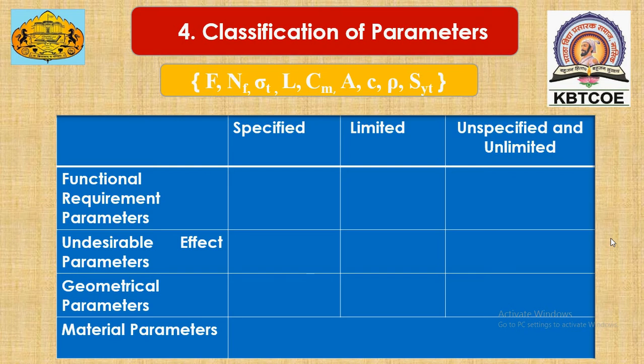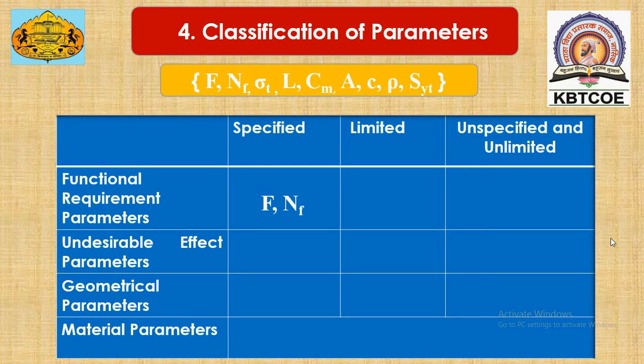This is given in the problem, and this is the functional requirement parameter. The factor of safety NF is also a functional requirement parameter, and it is specified in the statement. So write down F and NF in the first column, that is functional requirement parameter, and it is specified.